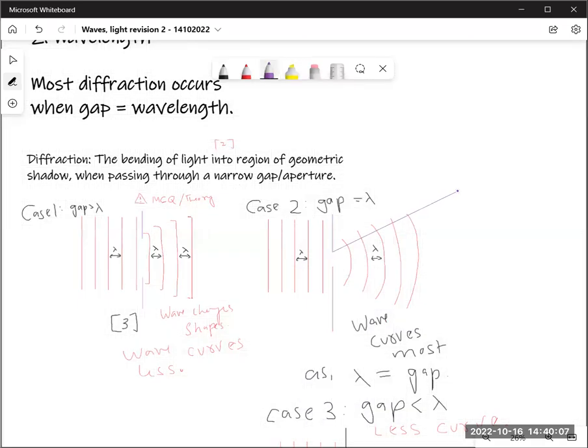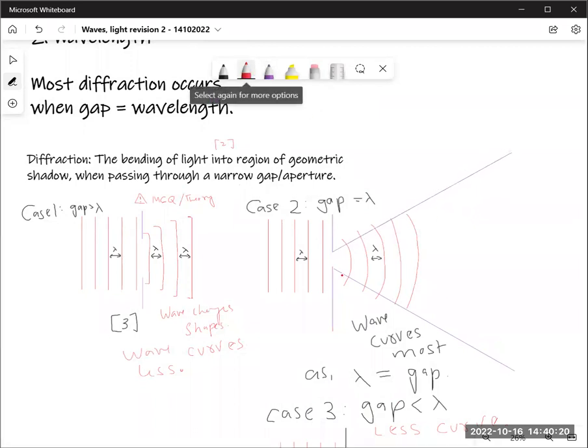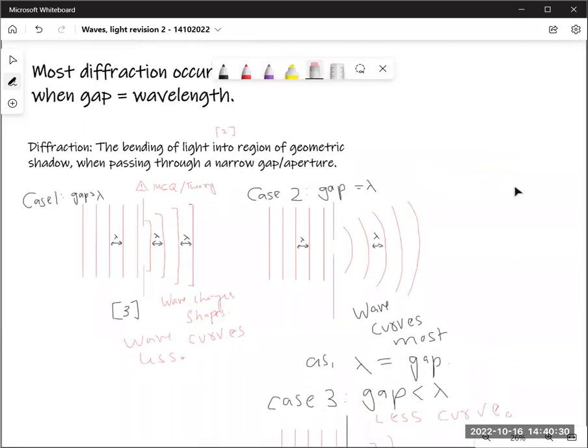When you pass through, the wave must look something like this. The waves must be something like this. My drawings are not perfect over here. It should look like this. So remove the extra parts over there. You don't have to do this right now. We'll look at this afterwards.